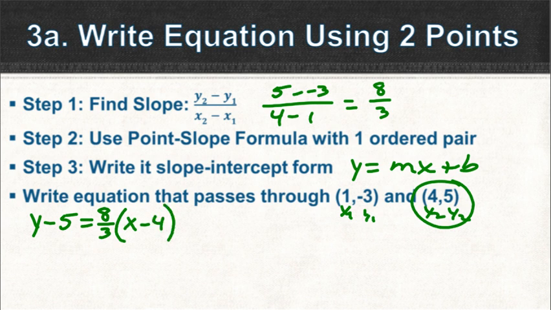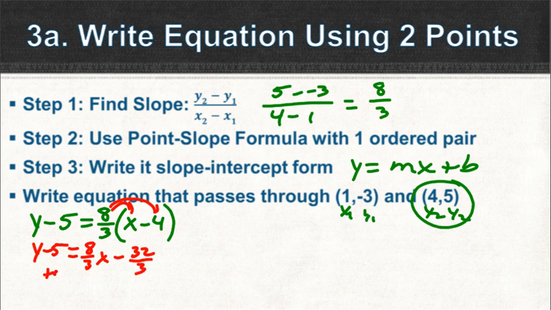Now I need to put this into slope-intercept form. So the first step I'm going to be doing is distributing the slope here. So I have y minus 5 equals 8/3 x minus 32/3.